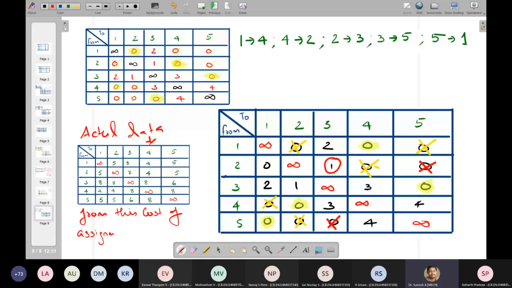Then the last is taken as 6. This 4 is taken into account, and this 5 taken into account. So it will be 4 plus 7 plus 6 plus 4 plus 5. How much? So 26 hours. And this will be the final route.